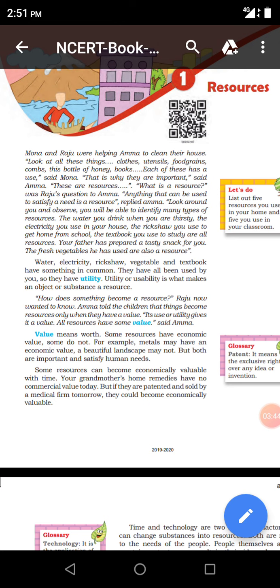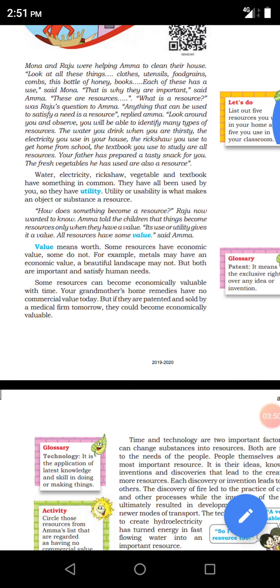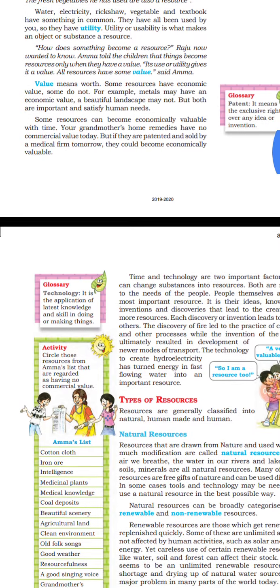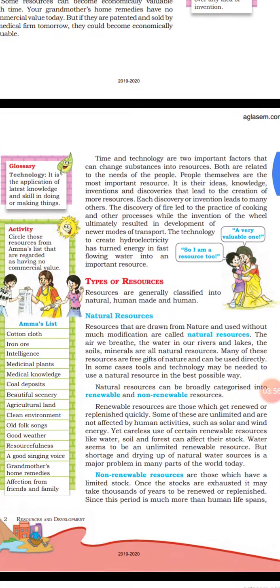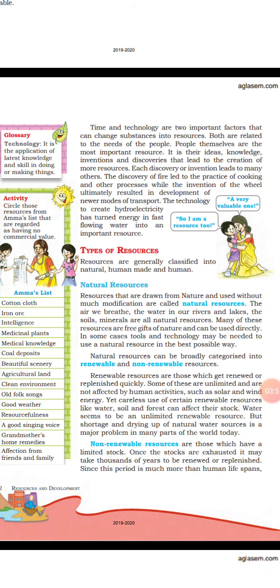Their ideas, knowledge, and skill lead to the creation of new resources. Then, what do you understand by the types of resources? There are three types of resources. Number one, natural resources. Number two, man-made resources, and human resources.